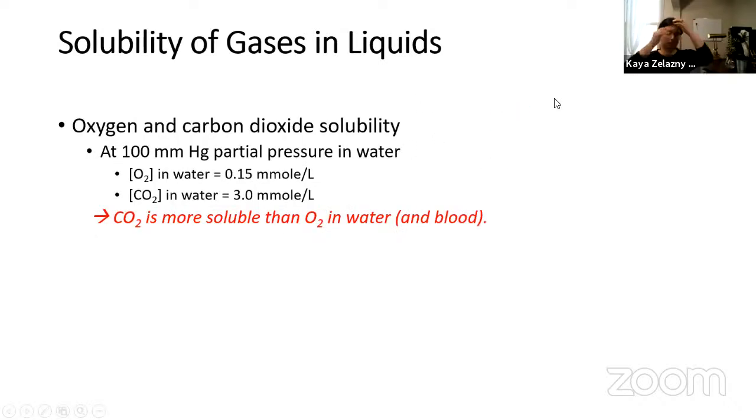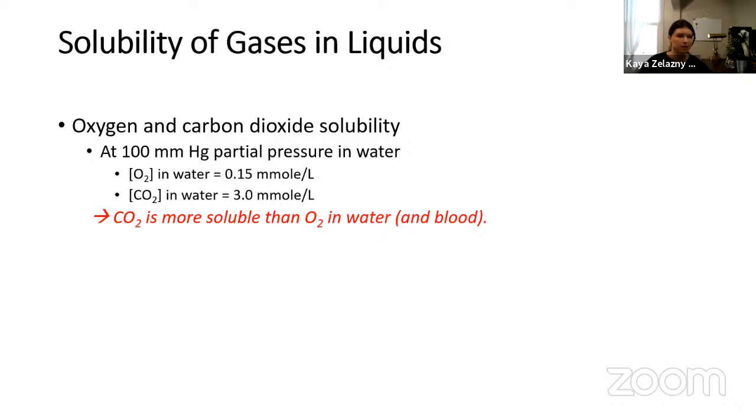Okay, so we're going to get into some specific numbers for our gases that we're tracking, which are oxygen and carbon dioxide, right? Those are the things we care about. So for a given pressure, we're going to pick 100 millimeters of mercury.